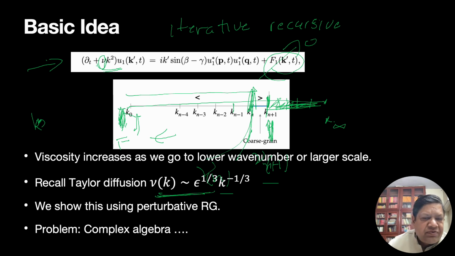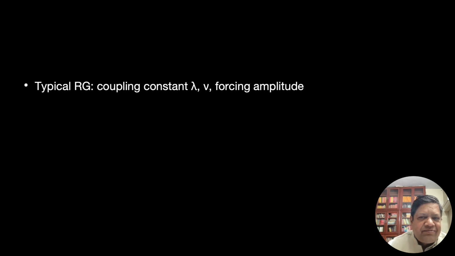Right. So we want to look at the relationship between nu n and nu n plus 1. This algebra in general is quite complex, but we'll use our Craya-Herring basis, and I'll show you that it does simplify the algebra. So typical RG involves, okay, now we need to step back a bit.